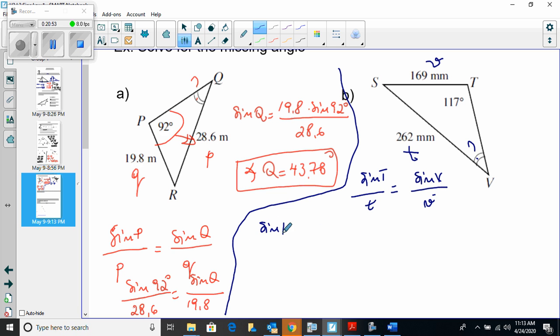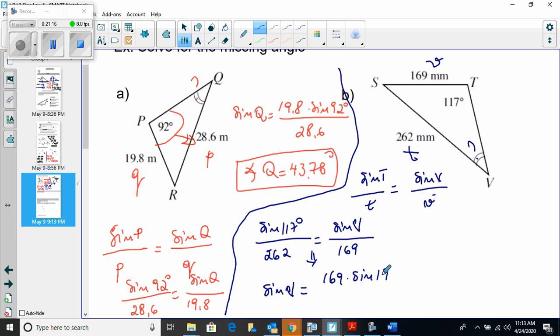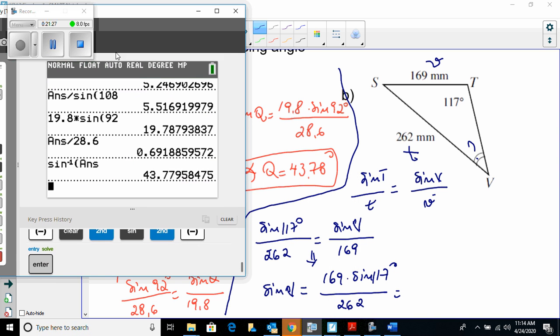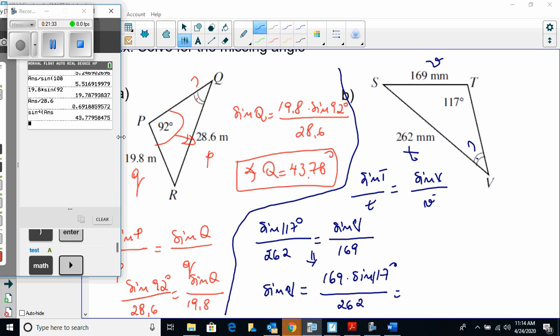So sine 117 degrees over 262 is equal to sine v over 169. From here, sine v will be 169 times sine 117 degrees over 262. By using the calculator, let me fix this.